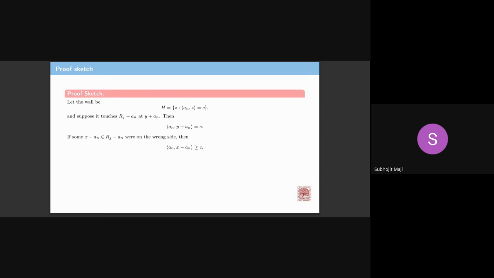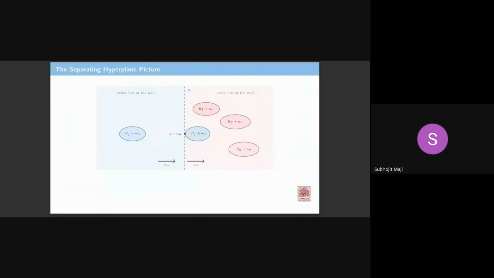And if x is in Rj, then x minus AN should be in Rj minus AN, on the wrong side. The wrong side here means this part right here.